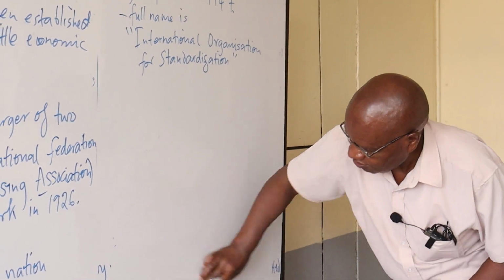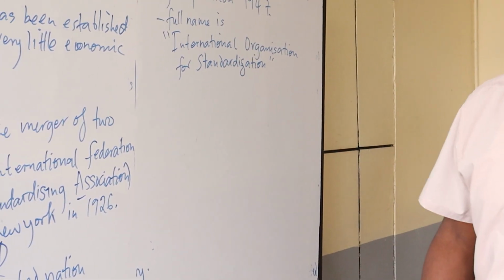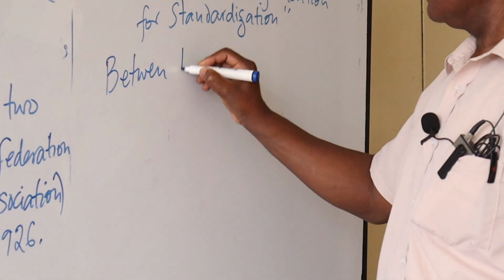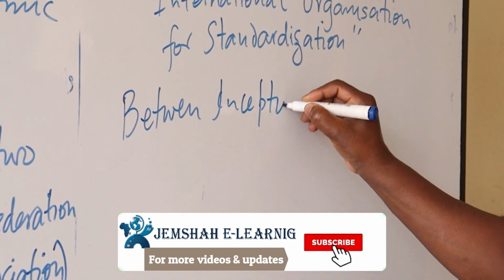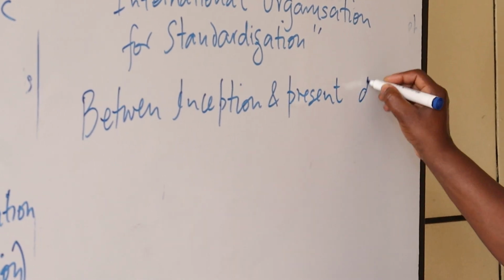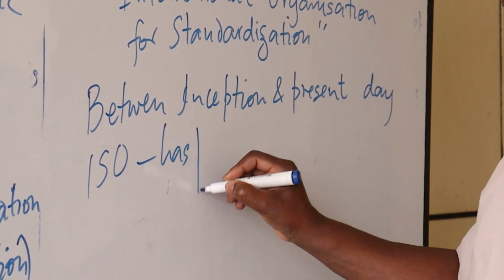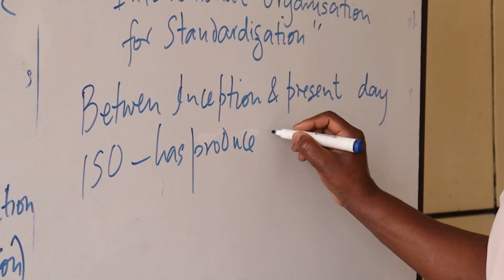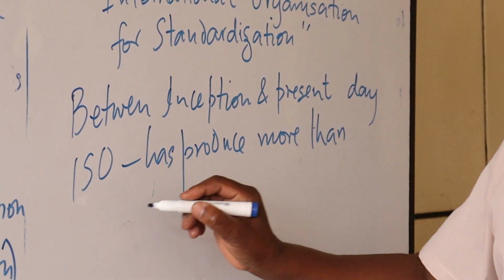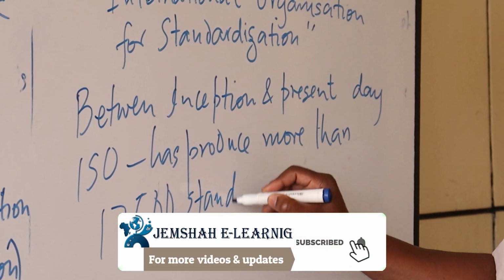Now, between its inception and the present day, ISO has produced more than 17,500 standards.